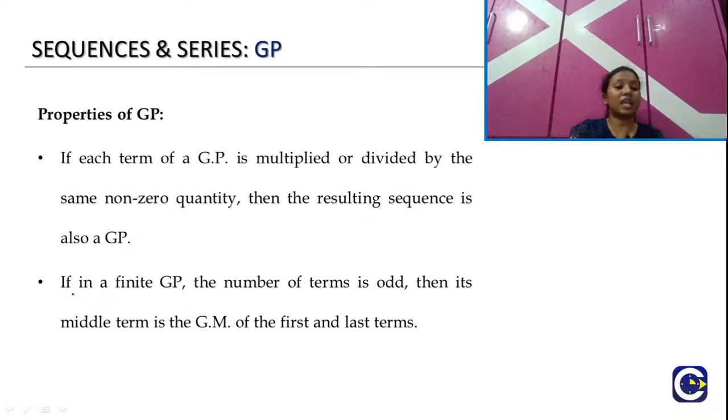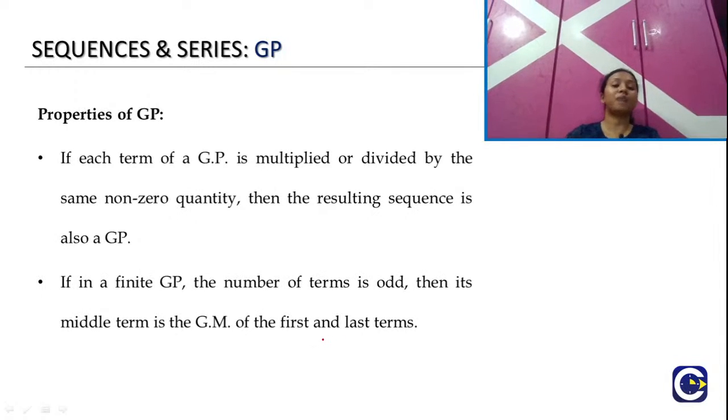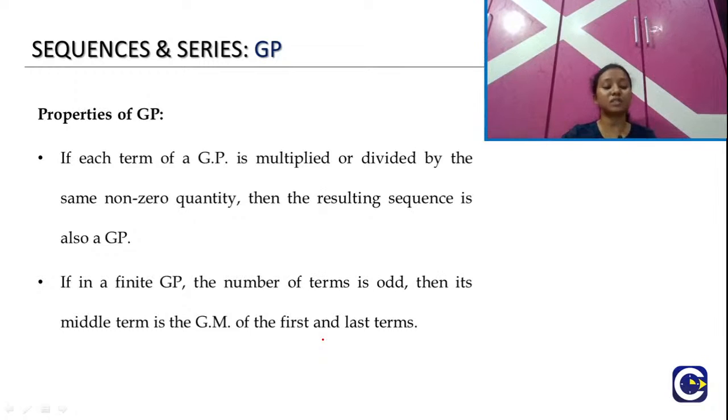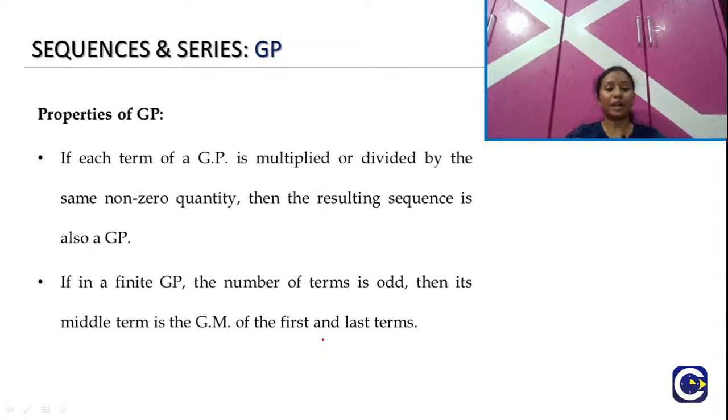So let's discuss the second one. If in a finite GP the number of terms is odd, then its middle term is the geometric mean of the first and last term. In a geometric progression, sometimes we might have an even number of terms, sometimes an odd number of terms.